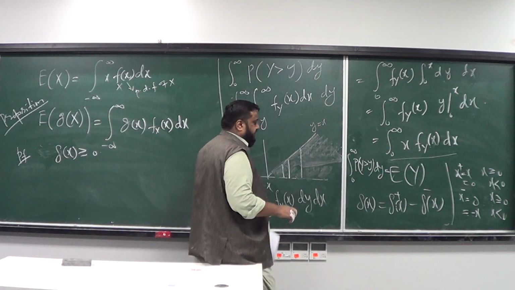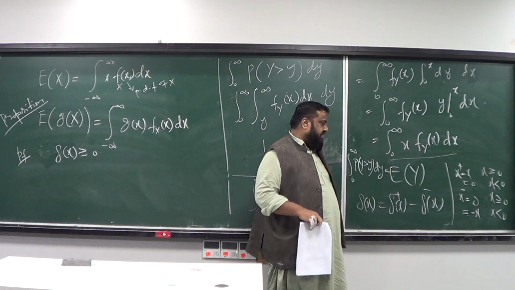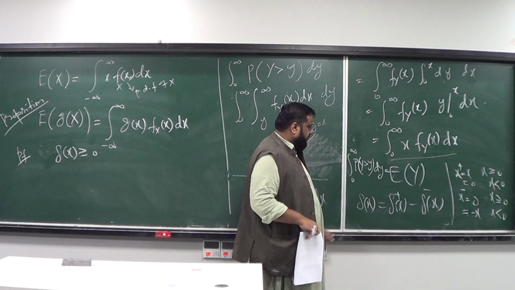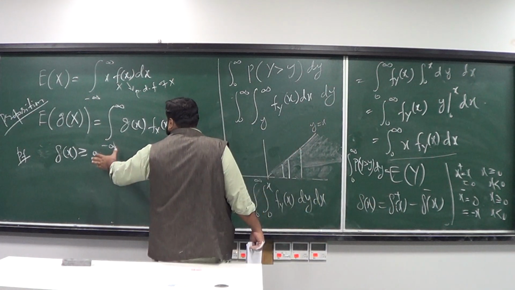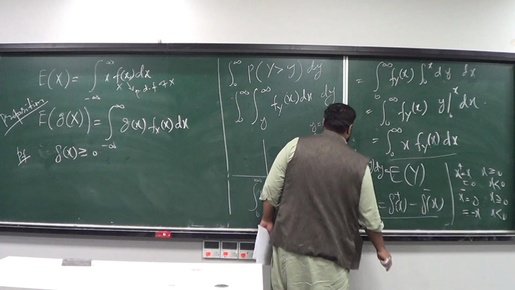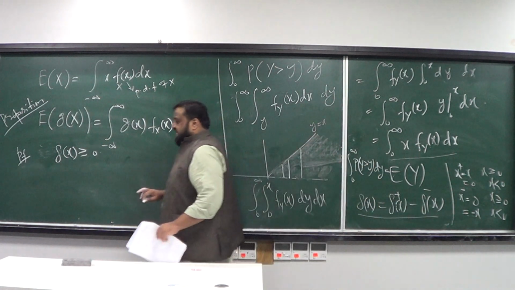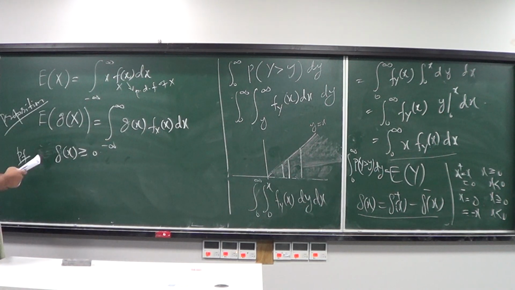So using these two definitions, every g can be written in terms of these two non-negative functions. Since both functions are non-negative, and I proved this result for non-negative functions, you can easily derive this result for a more generic real valued function. So let's assume that g of x is non-negative. We can talk more about it later.